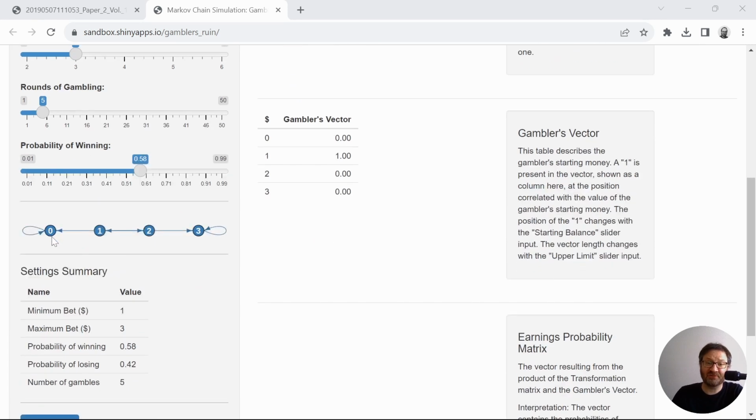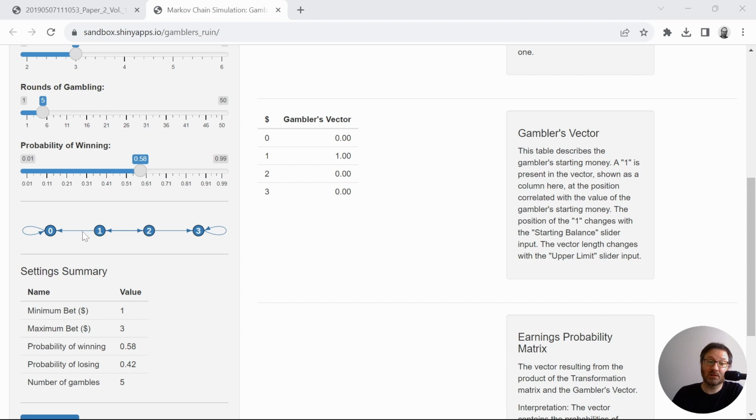Below that, we have a graphic representation of the states and their changes. So very quickly here, in this given network, you can see that 0 loops to itself, meaning once you have $0, you are staying there. And you notice there is no arrow from 0 to 1. You cannot go in that direction because you can't bet with no money.